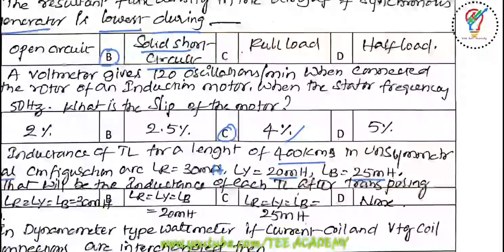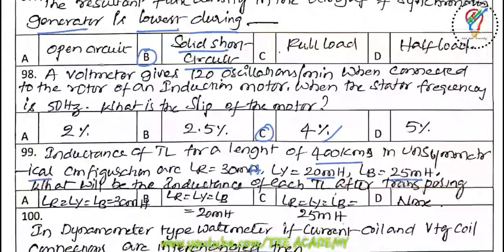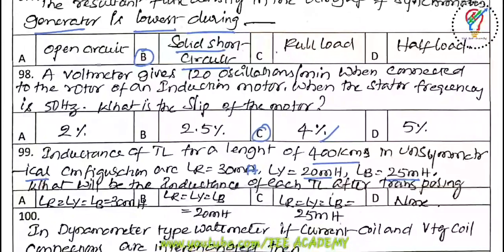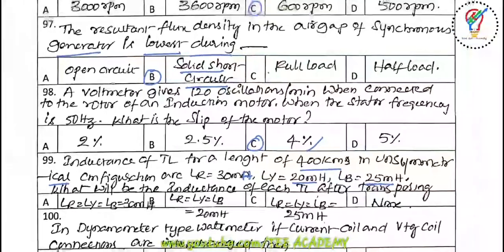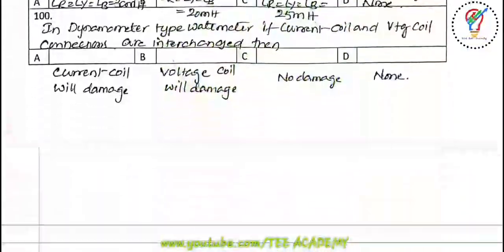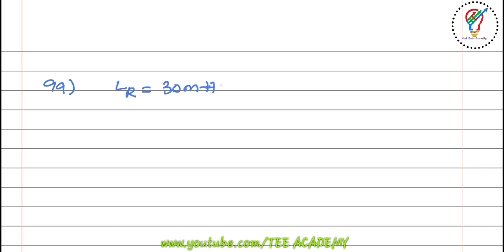So 30, 25, 20, in an unsymmetrical configuration. What will be the inductance of each transmission line after transposing? We will take the 99th question here. There are 3 values given: Lr is equal to 30 millihenry, Ly is equal to 20 millihenry, and Lb is equal to 25 millihenry.